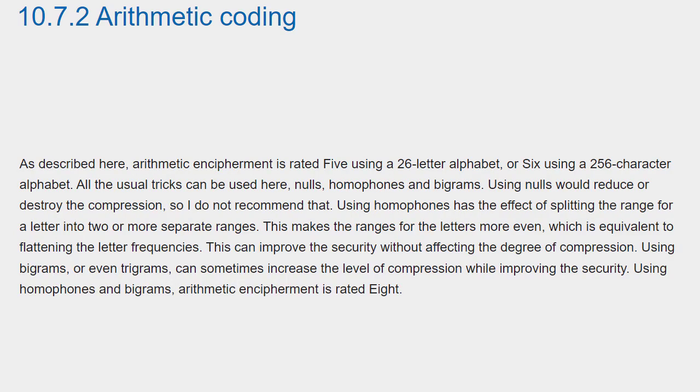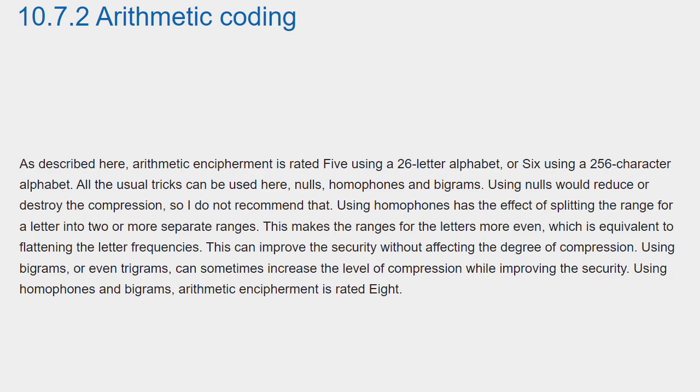As described here, arithmetic encipherment is rated 5 using a 26-letter alphabet, or 6 using a 256-character alphabet. All the usual tricks can be used here: nulls, homophones and bigrams. Using nulls would reduce or destroy the compression, so I do not recommend that. Using homophones has the effect of splitting the range for a letter into 2 or more separate ranges.